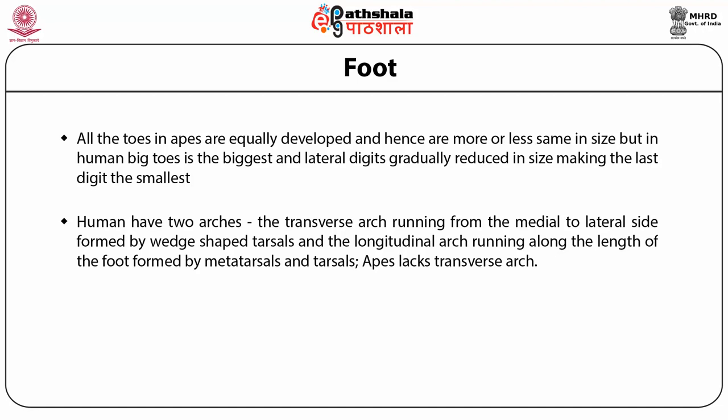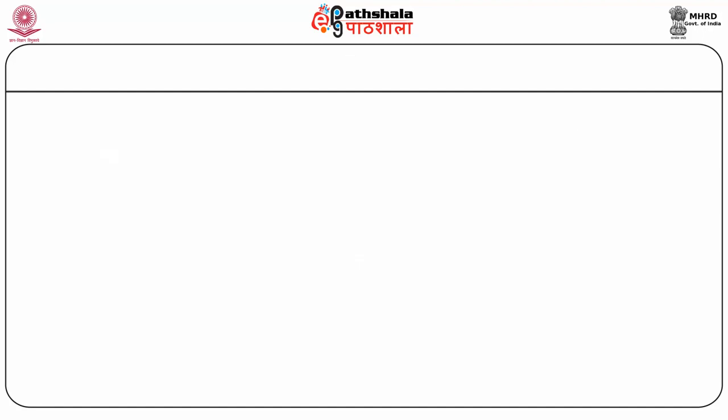Second, the longitudinal arch, running along the length of the foot, formed by metatarsals and tarsals. This structure helps in reducing the chance of fatigue fracture of the lower leg. Apes lack a transverse arch.